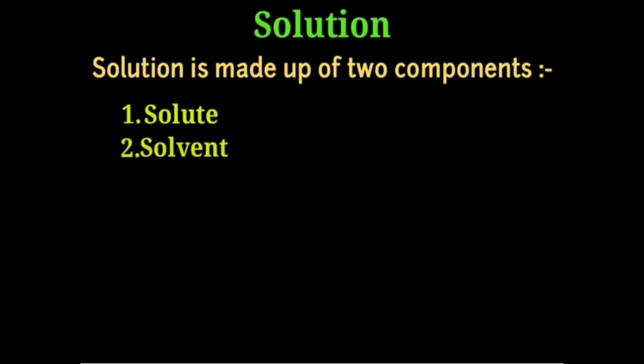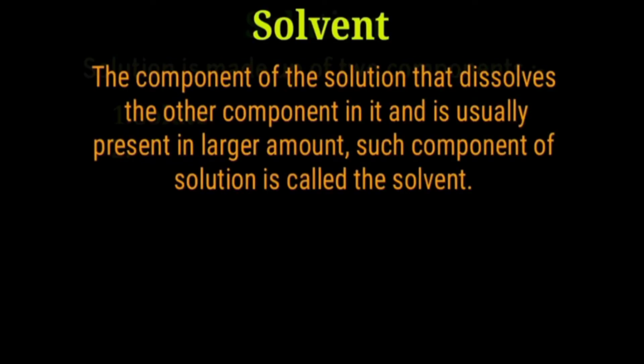Now, a solution is made up of two components, solute and solvent. The solvent is the component of the solution that dissolves the other component in it and is usually present in larger amount. So what is the role of the solvent?